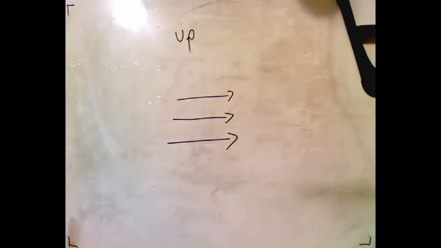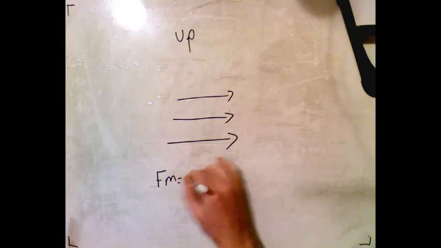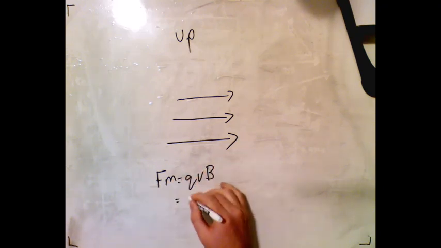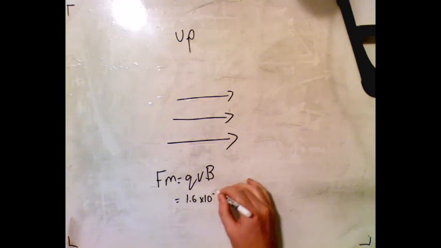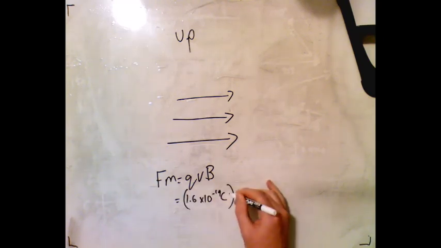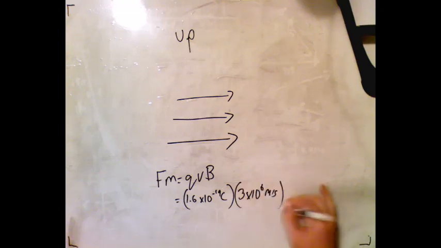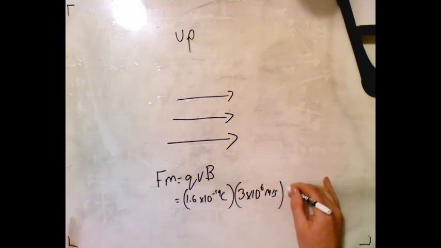And then what we can also do is determine the force. So we can use our Fm equals QvB formula, and the charge of an electron is 1.6 times 10 to the negative 19 coulombs. It says in the question that the speed is 3 times 10 to the 6 meters per second, and that the magnetic field is 6 Teslas.